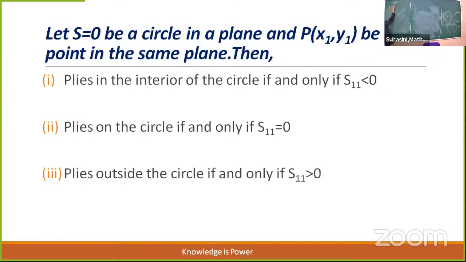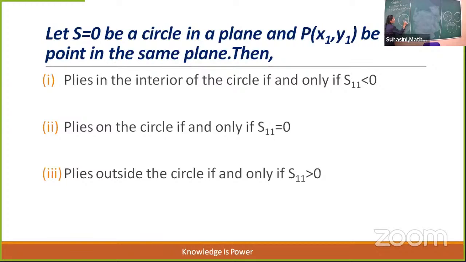Let P(x, y) be a point in the same plane of the circle S = x square plus y square plus 2gx plus 2fy plus c equal to 0, whose equation is denoted by S. Let C be the center and R be the radius.